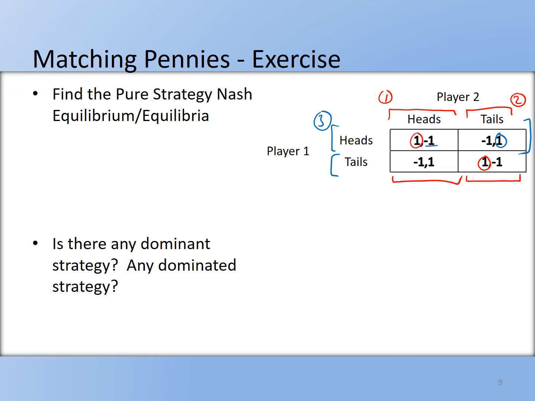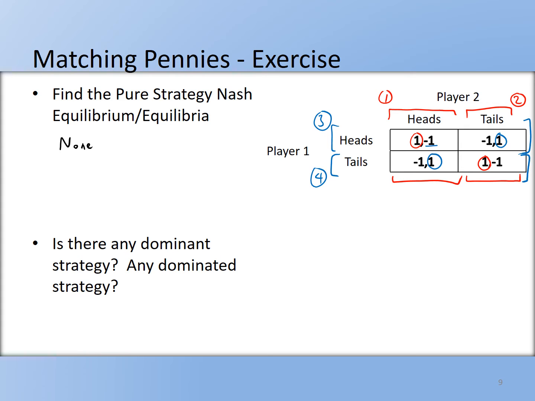As you can see, in this case, 1 versus -1. So player 2 is going to put forward a tail. Finally, if player 1 puts forward a tail, player 2 wins by mismatching, so she's going to put forward a head. So, as you can see in this particular case, there is no stable equilibrium.